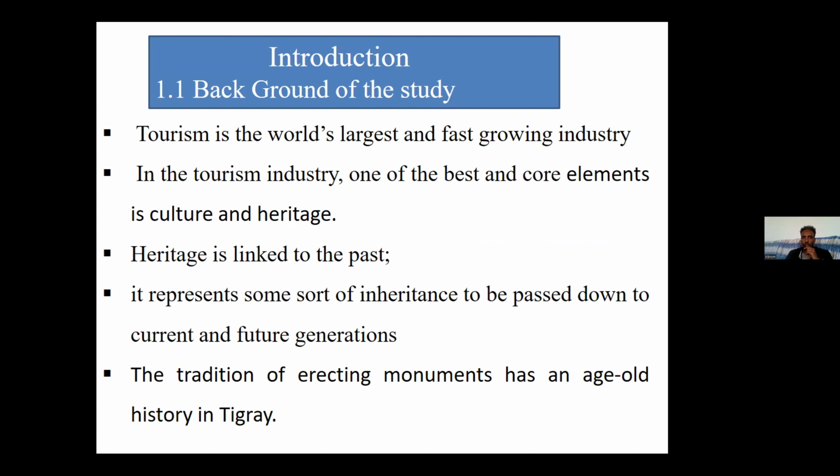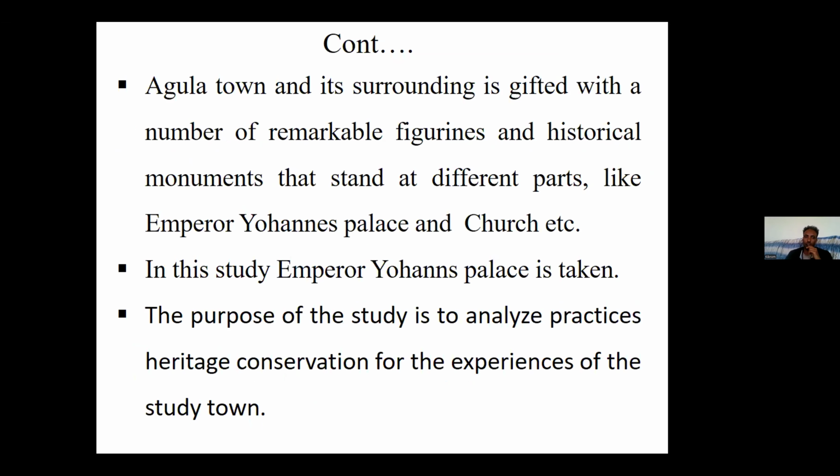And in the tourism industry, one of the core elements is culture and heritage, that is, heritage is the raw material or the basic element for the tourism industry. The tradition of erecting monuments has an age-old history in the Tigray region.